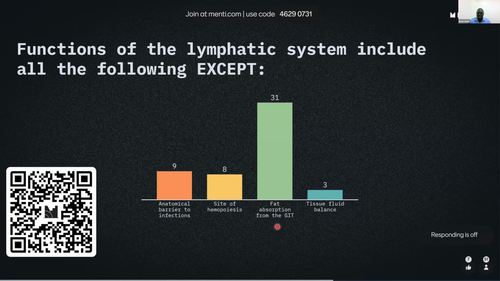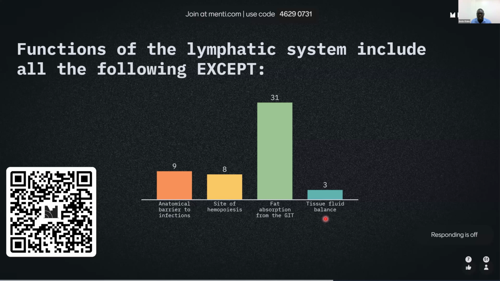Tissue fluid balance is also a key function of the lymphatic system because when fluid extravasates from the capillaries into the tissues, that fluid may go back into the blood vessels or may enter the lymphatic channels.